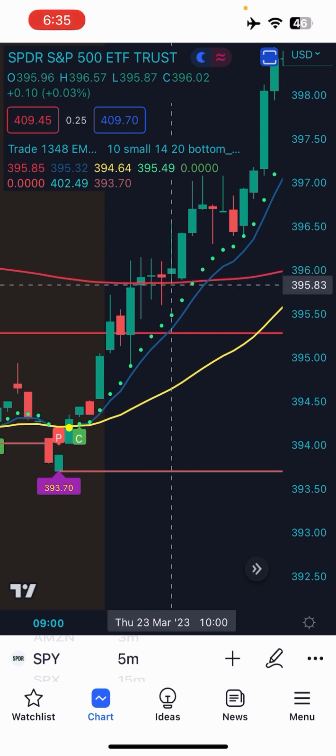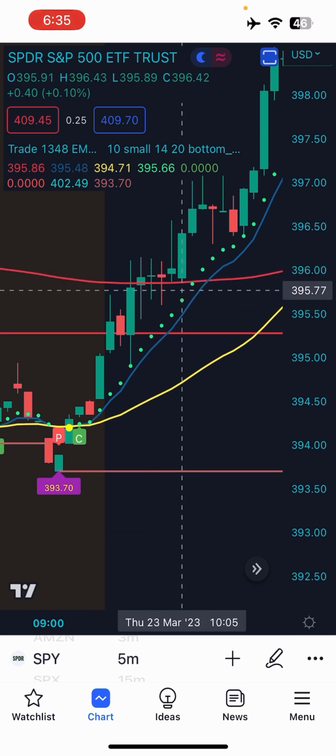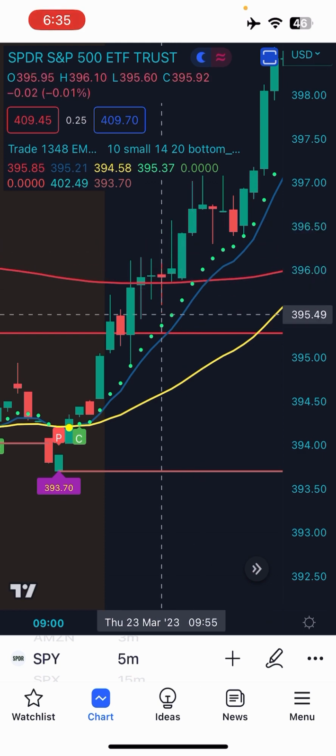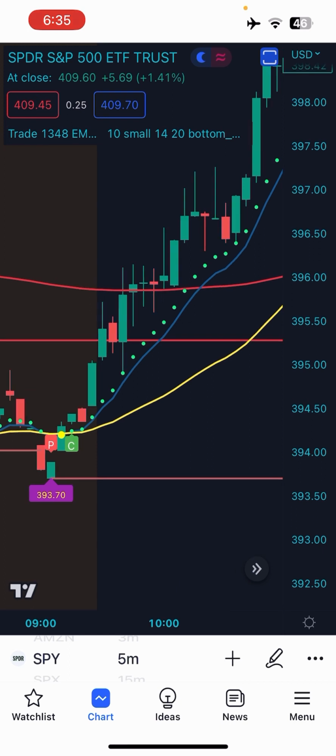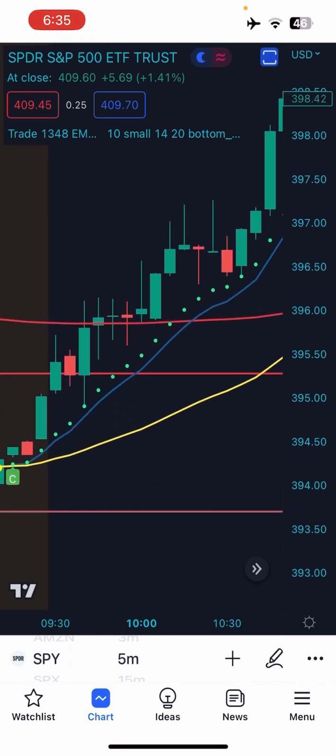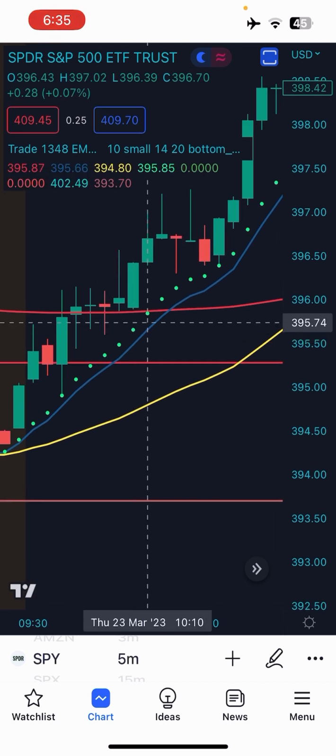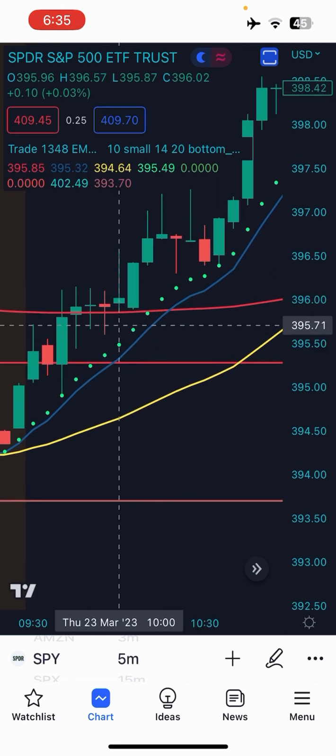And right in this particular moment, when it bounced up, you can see that it's going up. It has the strength to bounce from that 200 EMA line. When it bounces like that, then you consider going in.